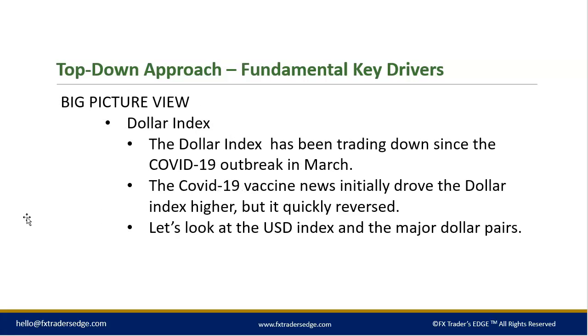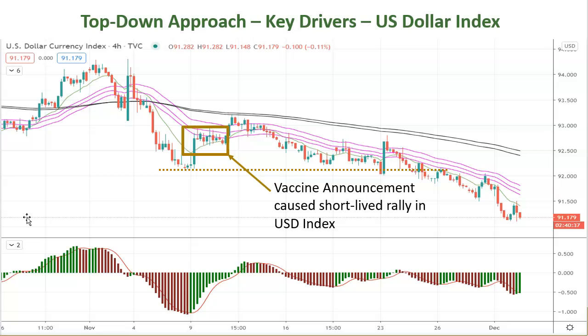Let's start with the dollar index. The dollar index has been trading down since the COVID-19 outbreak in March. The COVID-19 vaccine news initially drove the dollar index higher, but it quickly reversed. Let's look at the dollar index and the major dollar pairs. The box is where we ended up the day the vaccine news broke.